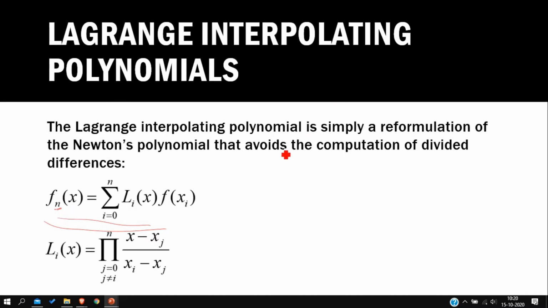So when n is 1, f1 of x can be written with the sigma symbol, the capital sigma, meaning summation for i values from 0 to 1 only. So f1 of x equals sigma i equals 0 to 1, Li of x times f of xi.